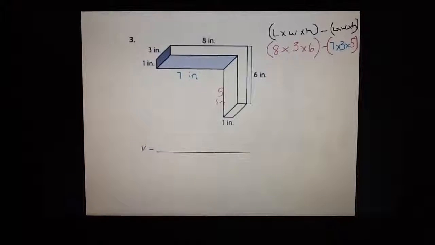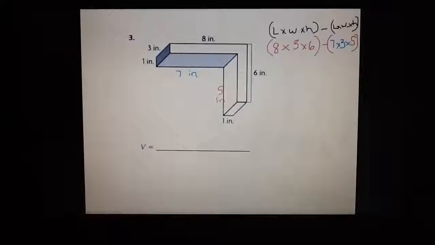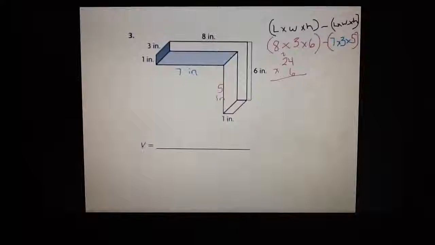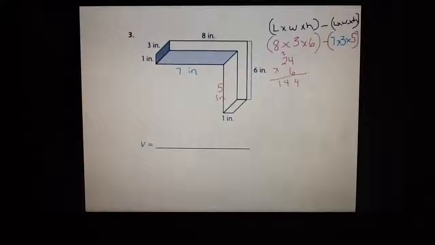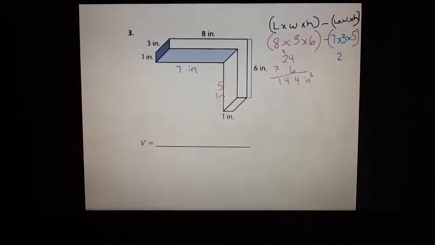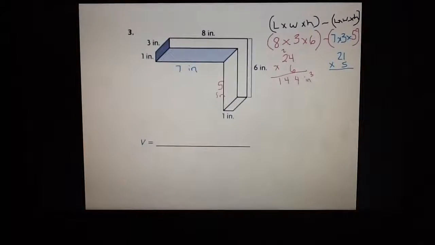So let's go ahead and solve my original rectangle, 8 times 3 times 6. Well, I know 8 times 3 is 24, and 24 times 6 is 144, and that would be cubic inches. Now we want to subtract 7 times 3 times 5. Well, I know 7 times 3 is 21, so I have 21 times 5 to find the volume of my imaginary rectangular prism.